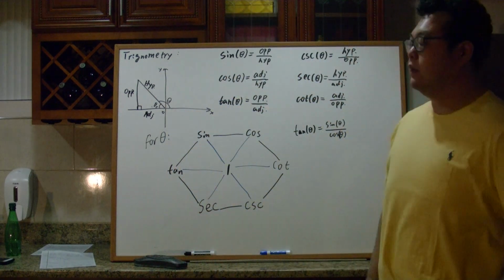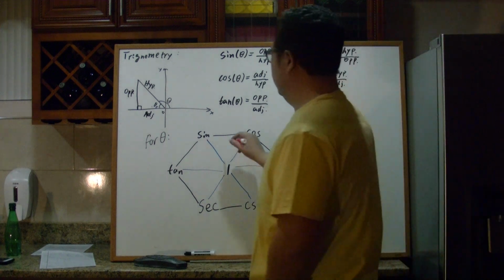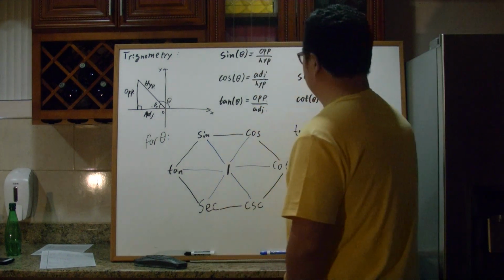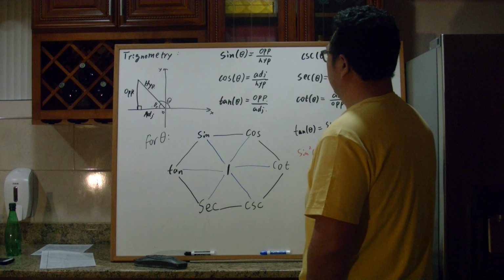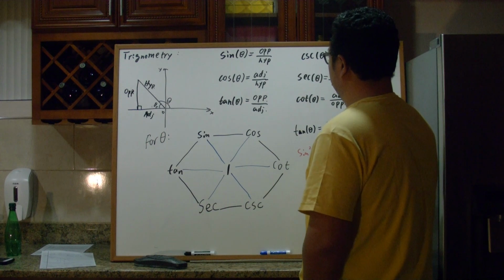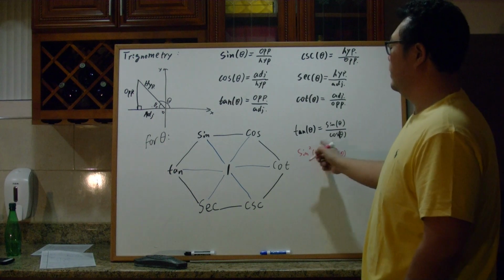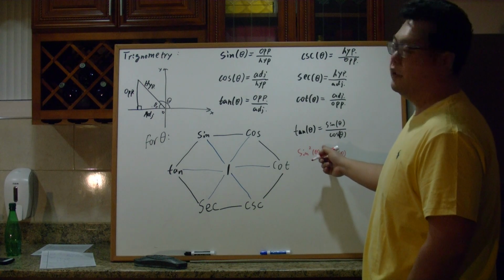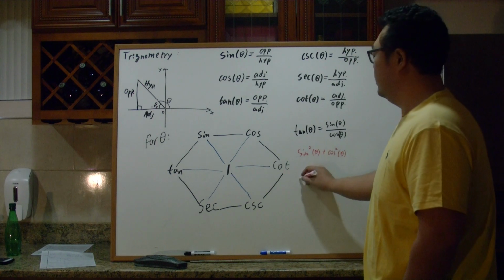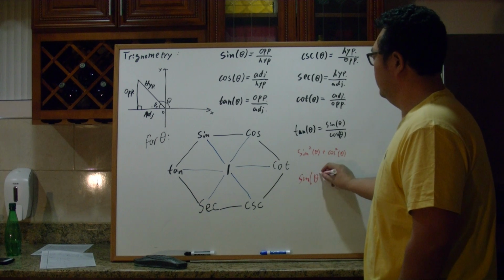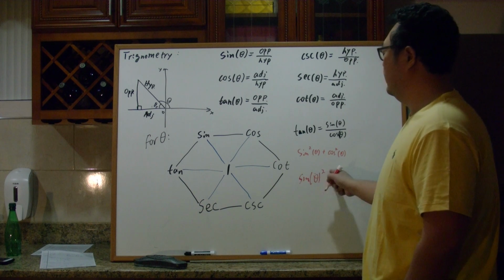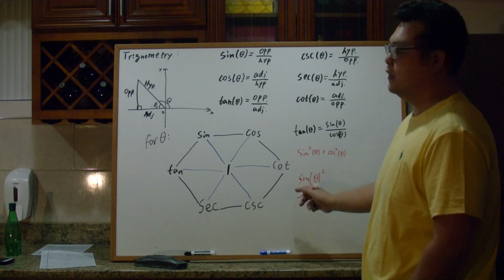is the Pythagorean relationship. Such a classic one is sine square of theta plus cosine square of theta. We write the square here, not on the end, because it is a little confusing to write sine theta square. We don't know if the square belongs to theta or belongs to the sine.